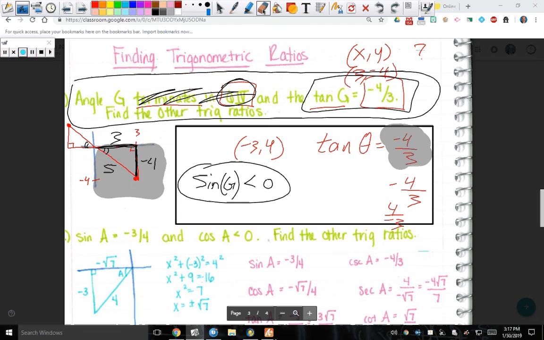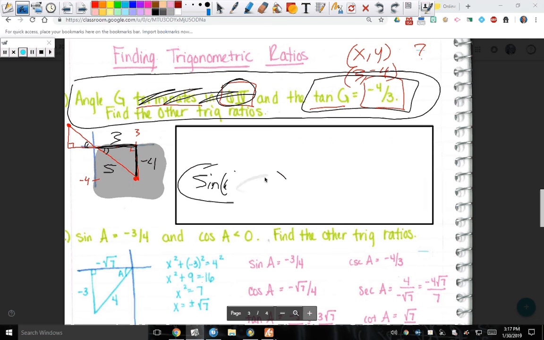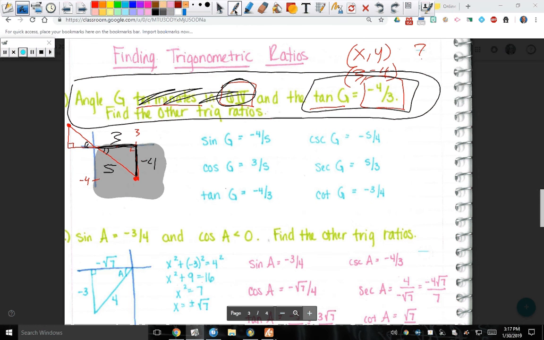So with all that, just to figure out what the reference triangle looked like, now look, the sine is y over r. You get negative 4/5. The cosine is x over r, and the tangent is y over x. And then what? This is the flip, this is the flip, and this is the flip.